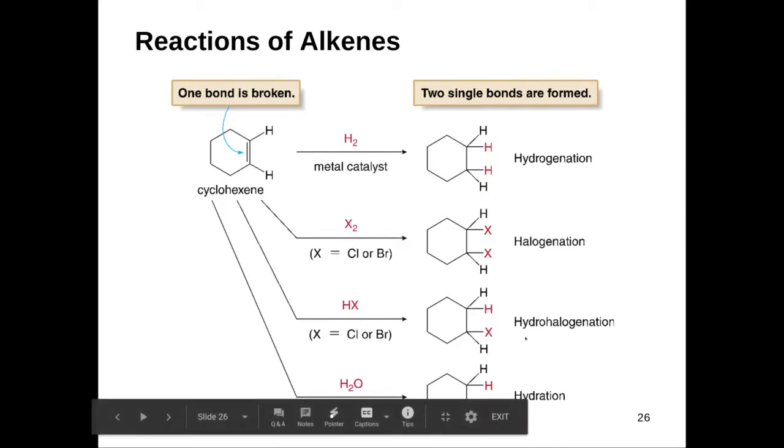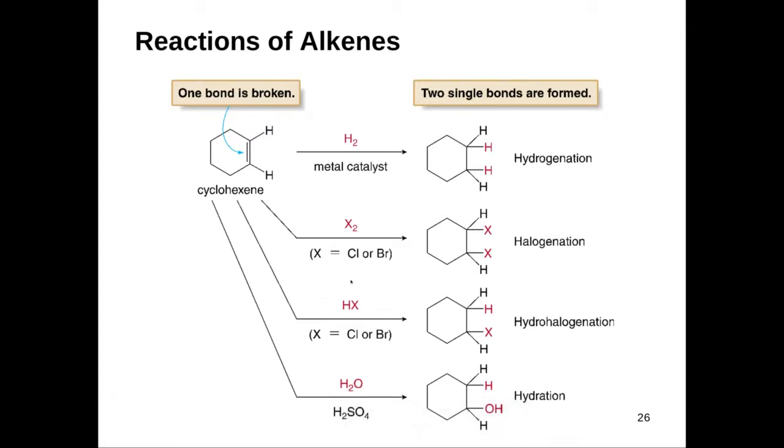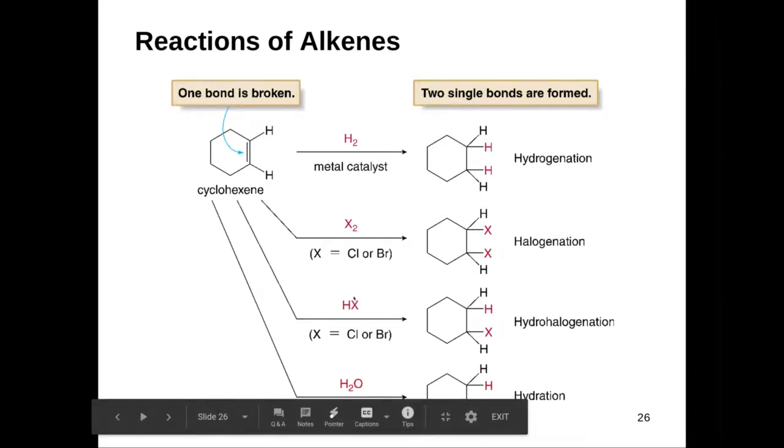We can hydrohalogenate it. So if we have HX, so HCl or HBr, so an acid, hydrochloric acid or hydrobromic acid. We're actually going to do this in lab, just as a note. We can hydrohalogenate them, so attach a hydrogen and the halogen, aptly named hydrohalogenation.